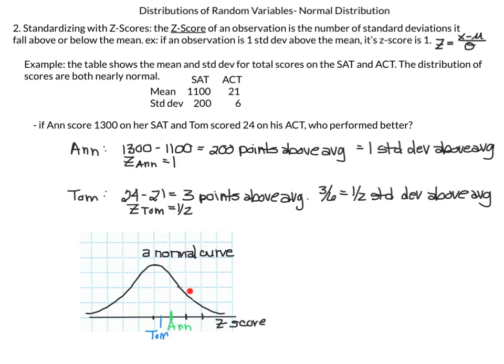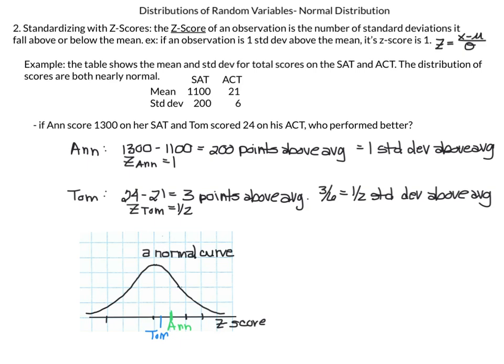Then on this normal curve, where the mean is in the center, our first hash mark represents 1 standard deviation above the mean. Our second hash mark is 2 standard deviations above the mean. Our third hash mark is 3 standard deviations above the mean. If we go below the mean by 3 standard deviations, remember we said almost all of the area is going to be under the curve.